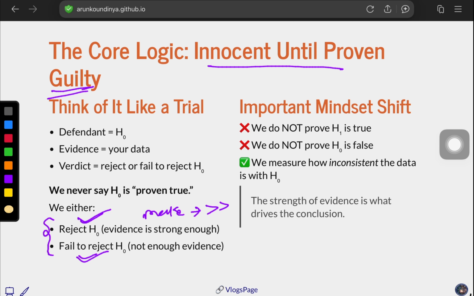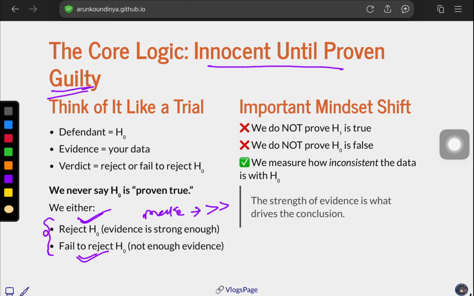These are important pieces, because we can get more information and collect more evidence so that maybe down the line, once we have failed to reject the null hypothesis, we can reject it. That's how it usually happens, right?